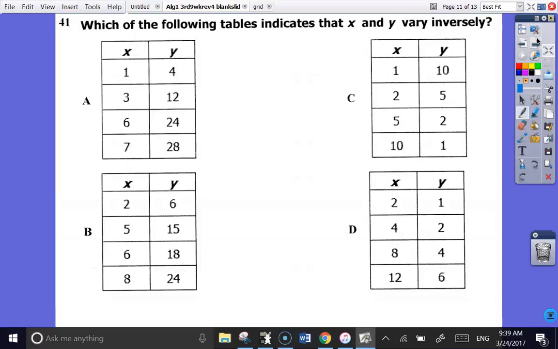Multiply the x times the y. I'll write it over here in the column. x, y: 10, 10, 10, and 10. So because those are all the same, since xy equals 10, that is the inverse variation. And the equation for it is y equals 10 over x.